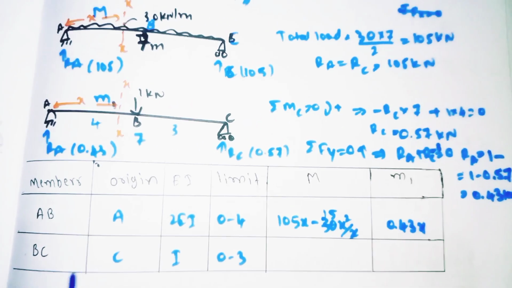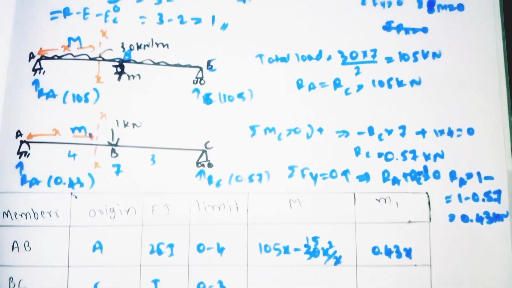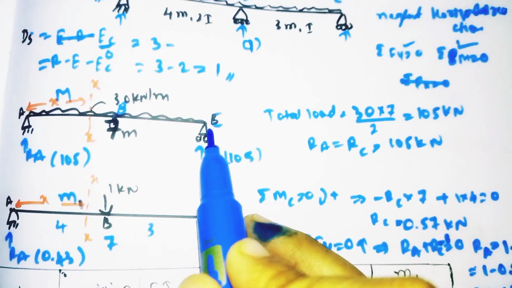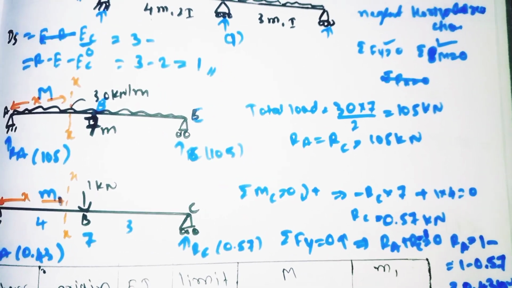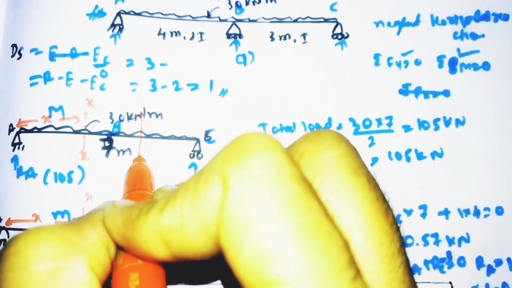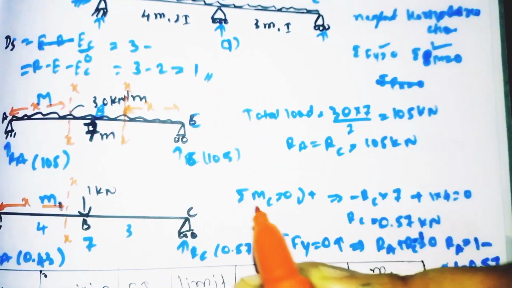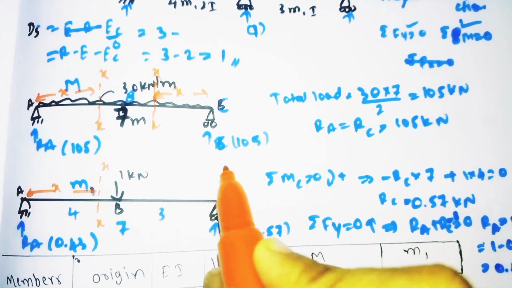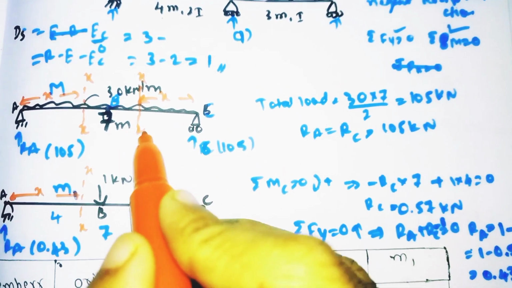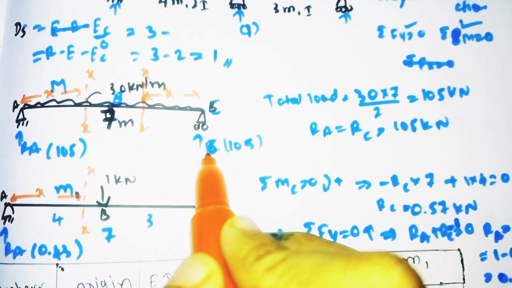Similarly for BC, we have taken the origin as C. Now we will see for BC. If you cut the section at x far away from the origin C, so it comes here, at a distance of x. So here RC is acting, with the intensity of 105. From here to here at what distance is it acting?